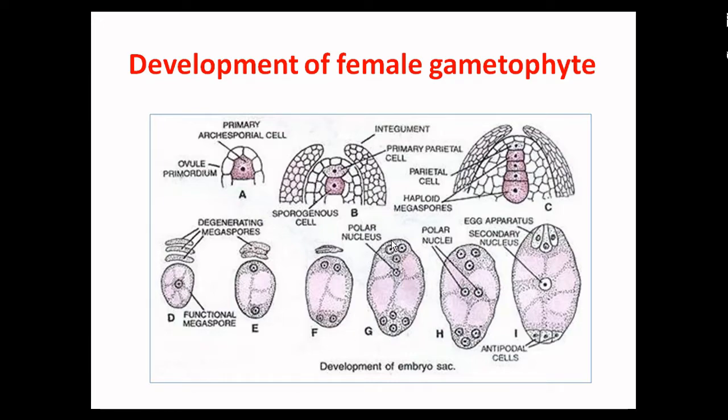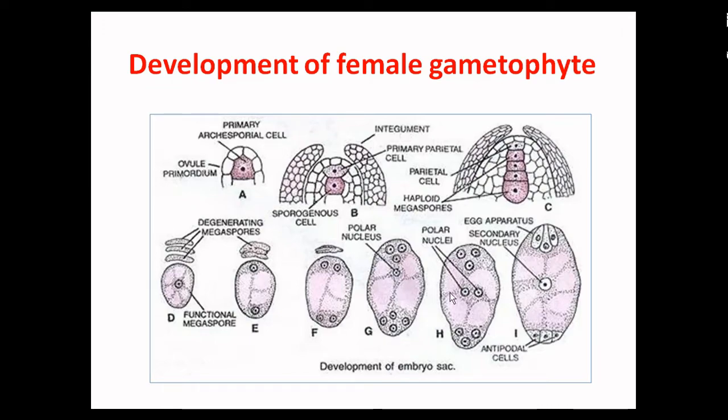And these 4 nucleated cells again undergo mitosis to produce the 8 nucleated cell. Now out of these 8 nuclei, 4 are towards the chalazal end and 4 are towards the micropylar end.